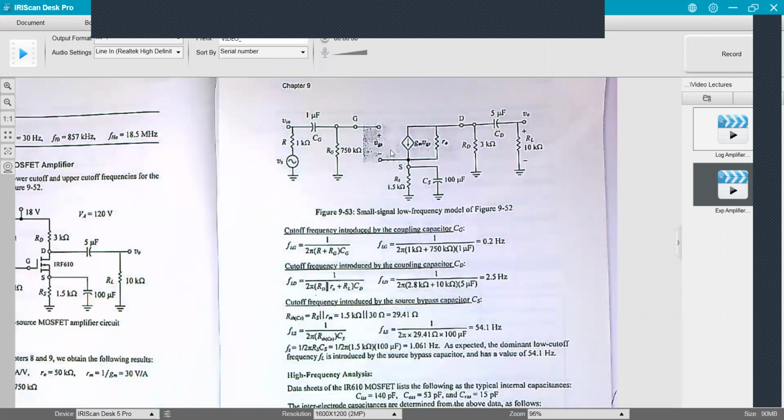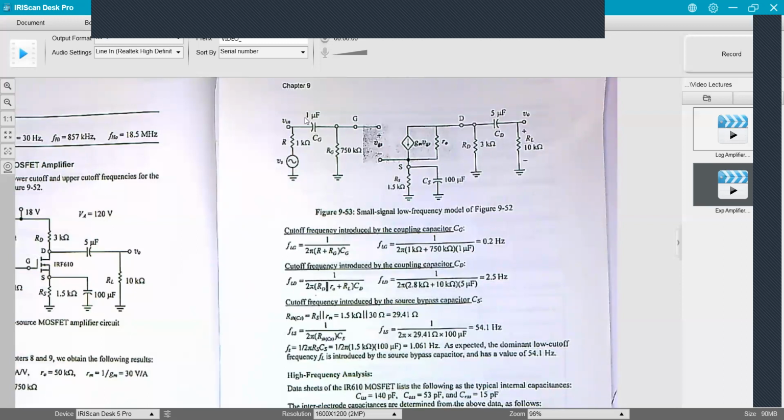Okay, so here's our small signal low frequency model, and later on we're going to have a small signal high frequency model. Here we have the cutoff frequency introduced by your coupling capacitor C sub G, and that's 1 over 2 pi times the resistance seen between the terminals of C sub G, which is R plus RG.